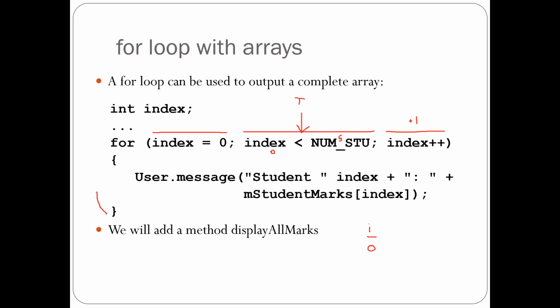We go round, we come back to the beginning of the loop. Index was already at a value of 0, so the index plus plus changes the value of index to 1, and index at this particular point is now worth 1, and 1 is still less than 5. So we say user.message student 1 and the value of mStudent marks at position 1.